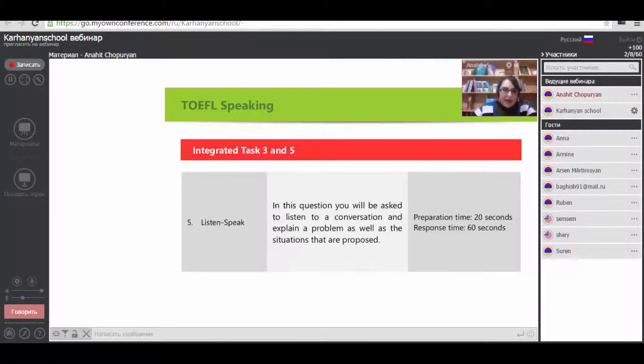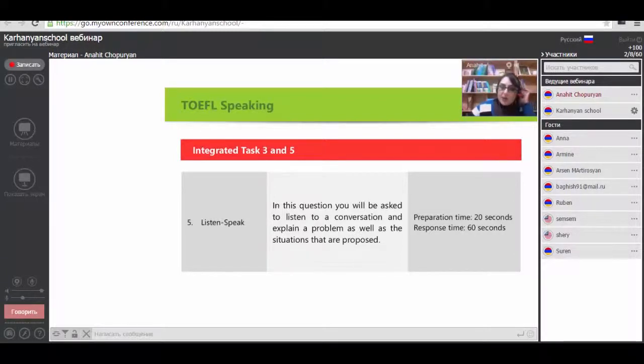Then integrated task 5 is listening and speaking. Both of them are based on campus situations, but the difference is that here in task 5 you won't read, you'll just listen and speak.